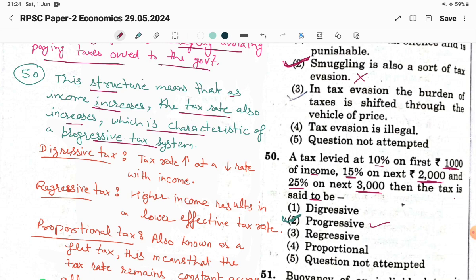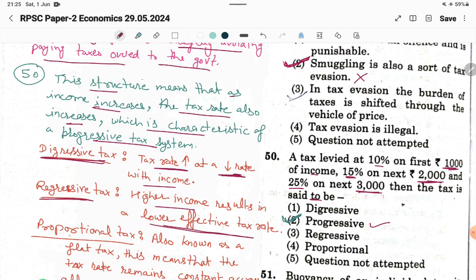So now we will discuss the other three options given here. Digressive tax: tax rate increases at a decreasing rate with income. As income increases, the tax rate will increase, but at a decreasing rate. It is the digressive tax. And regressive tax: higher income results in a lower effective tax rate.